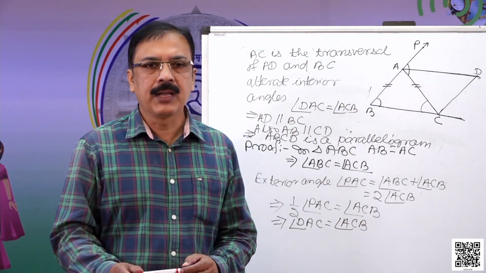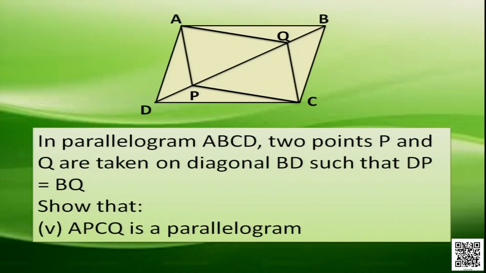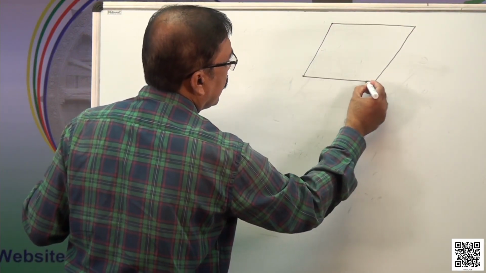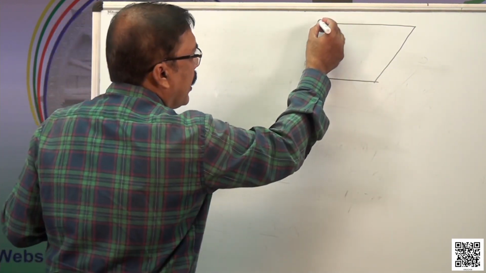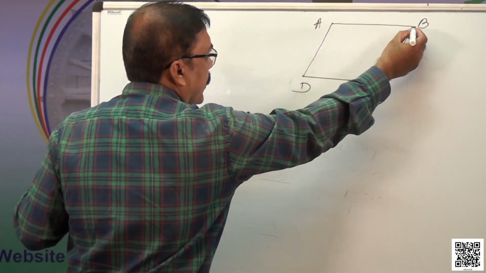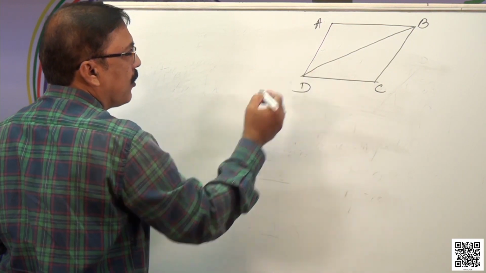Here in this figure, ABCD is a parallelogram. 2 points P and Q are taken on diagonal BD such that DP is equal to BQ. Show that APCQ is a parallelogram. Now you see here ABCD is a parallelogram and BD is the diagonal.